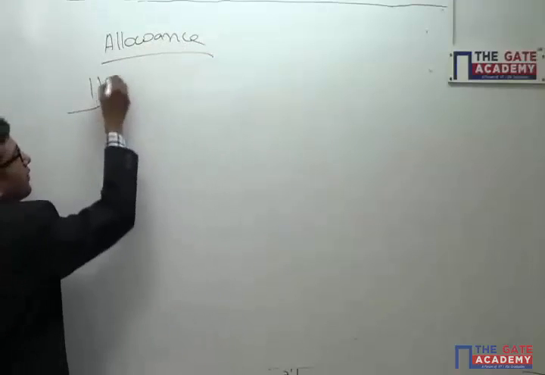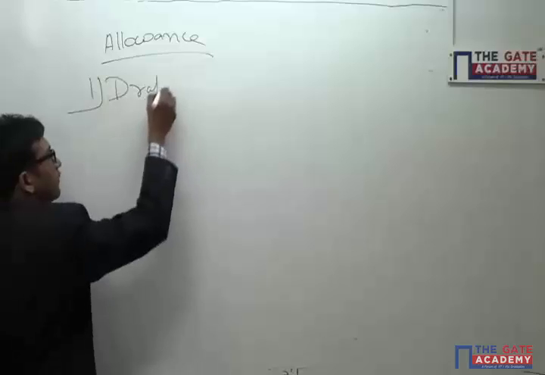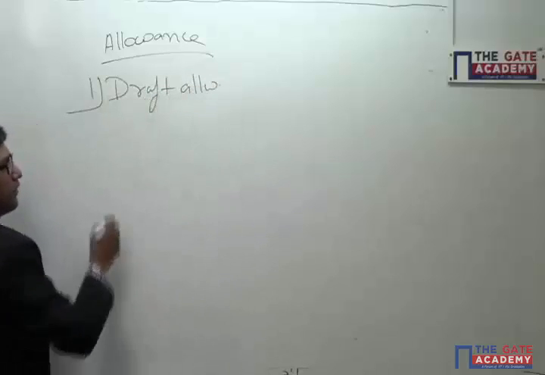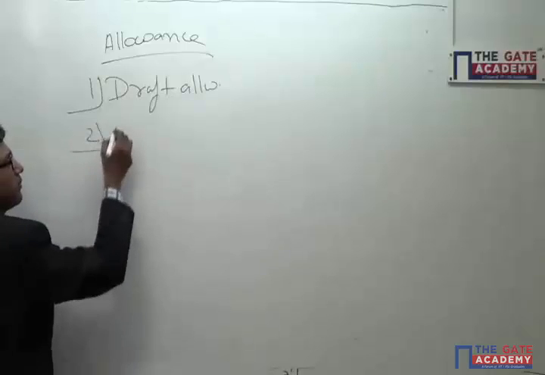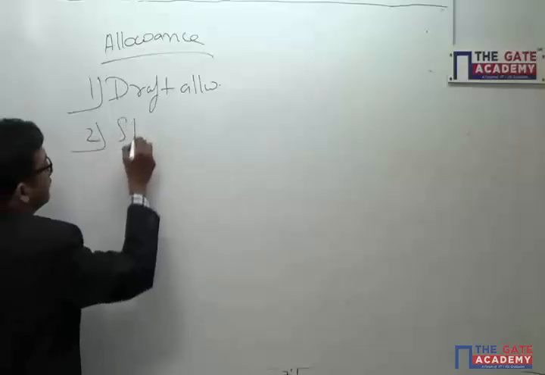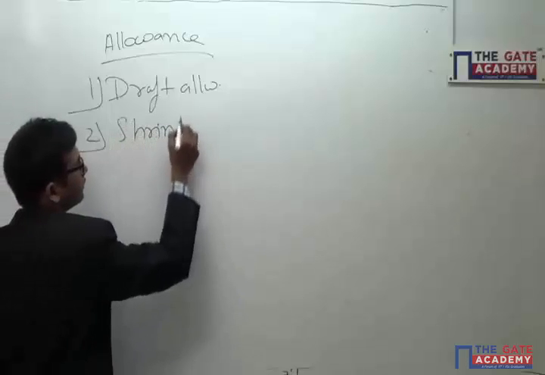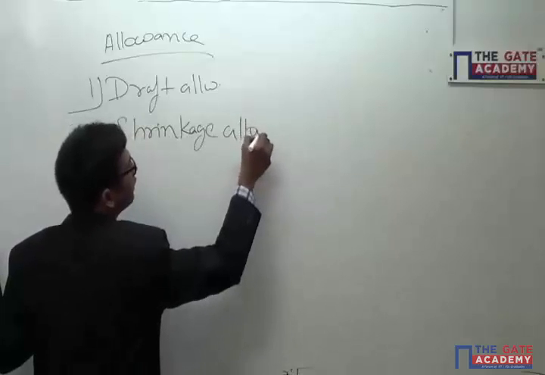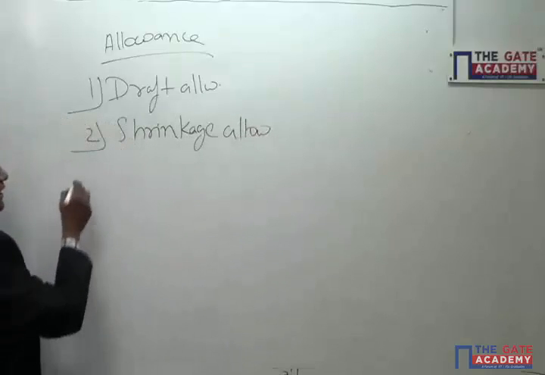First one is draft allowance. Second one is your shrinkage allowance.